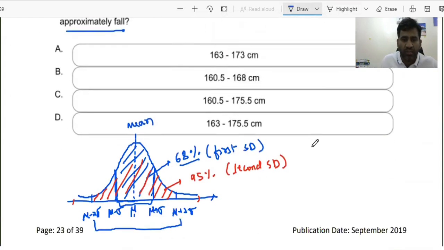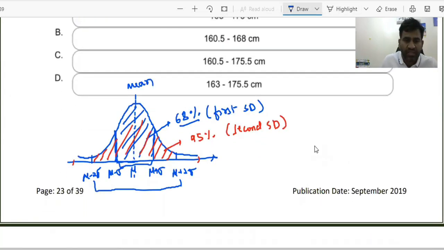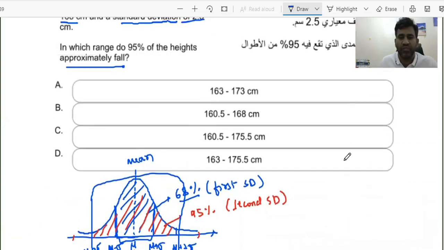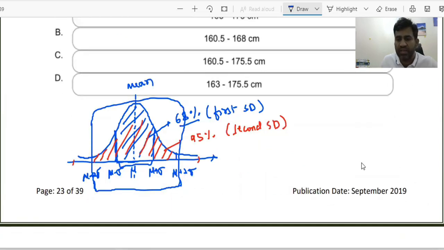When they are talking about 95% of the data, it means I have to cover all of this. To find this using the standard deviation and the mean, we usually represent it as mu plus or minus the standard deviation, sigma. For 68%, you write mu plus or minus sigma.